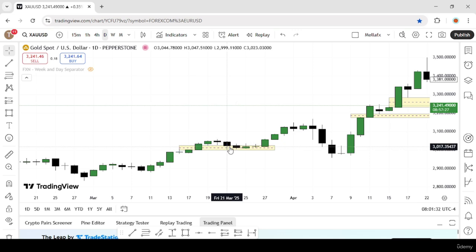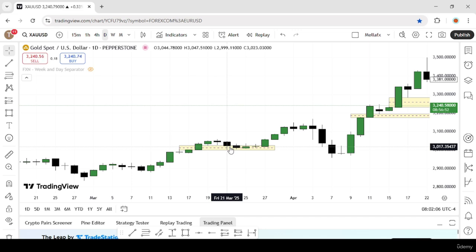The whole idea behind this strategy is using the daily fair value gap to get in sync with the higher time frame depending on the order flow, and also to find our setups, from where we'll look at how you make your entry, where you should place your stop loss, and also your exit point in the gold market.